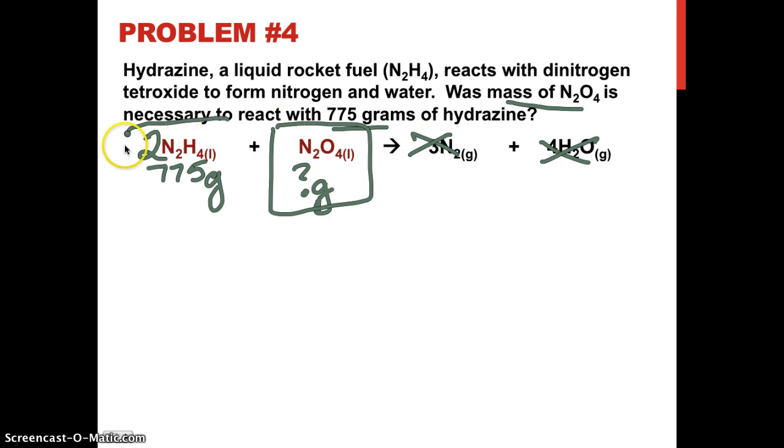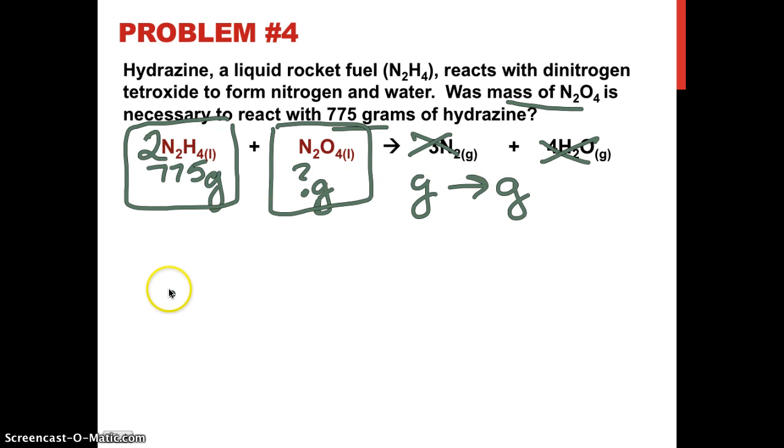So in this case, I have a gram to gram conversion, and that means I need 1 mole ratio and 2 other conversion factors. The first one will be grams to moles to get me to my mole ratio. And then after that, I'm going to have a mole to gram so that I can get to grams of dinitrogen tetroxide.